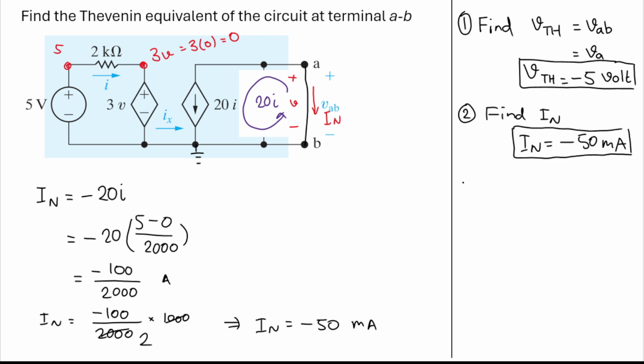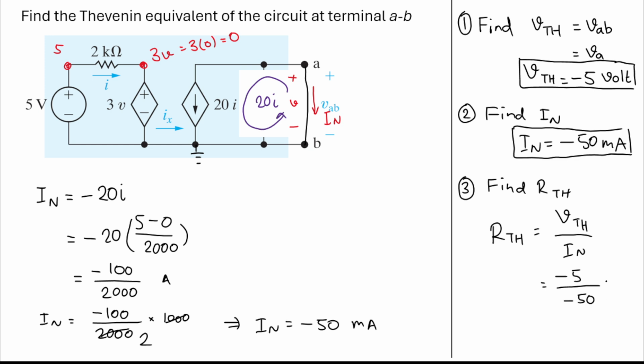And now we can find out the third step, which is the Thevenin resistance. So I will need to find out RTH. We can just divide the Thevenin voltage by the current. So I'll have VTH divided by IN. And that will be minus 5 divided by minus 50.